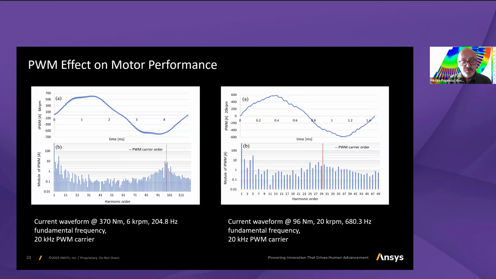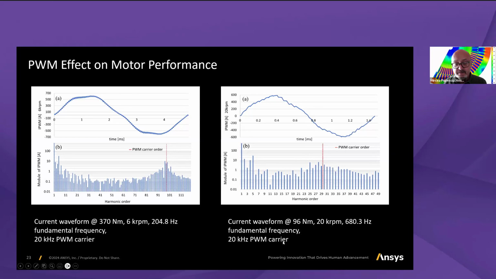Another aspect that we had to consider into this multiphysics design was the impact of the non-sinusoidal currents. And you can see how they look like. In 2 cases, one for operation at 6,000 RPM, 370 Newton meters, with a fundamental of approximately 205 Hertz, and the PWM carrier was at 20 kilohertz.